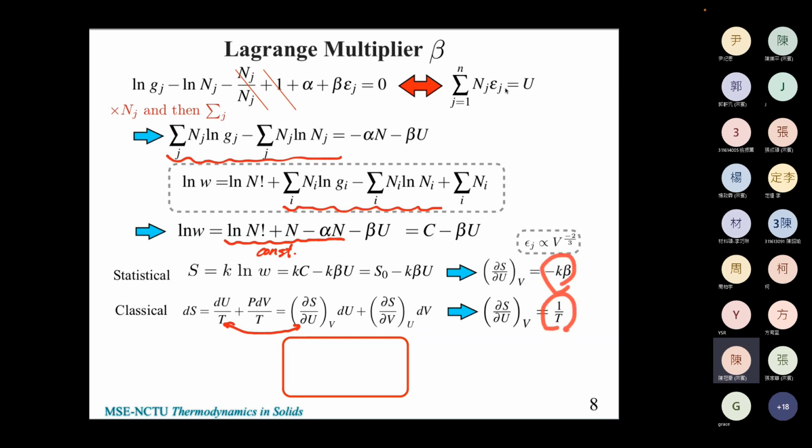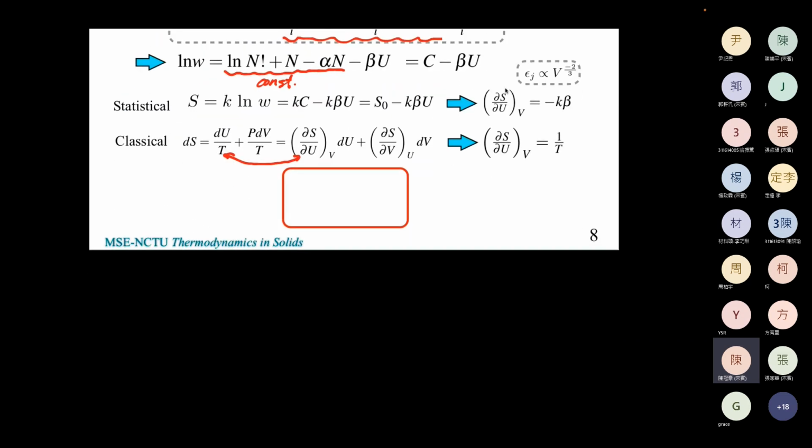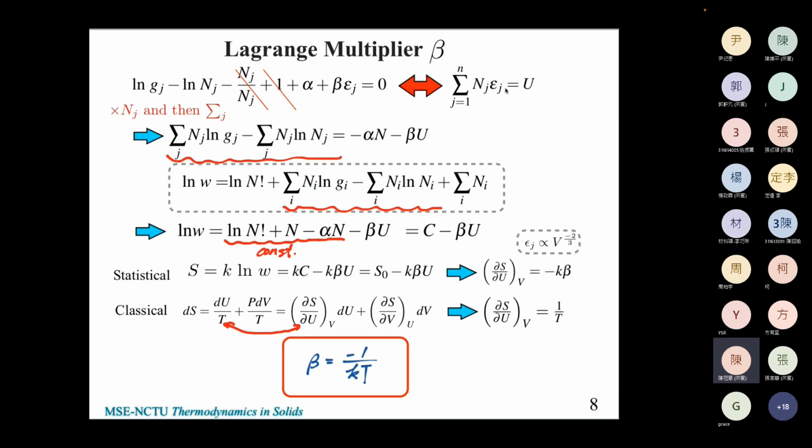So connect these two, you can have beta equal to -1 over kT. Okay, so that's how we can get the beta.